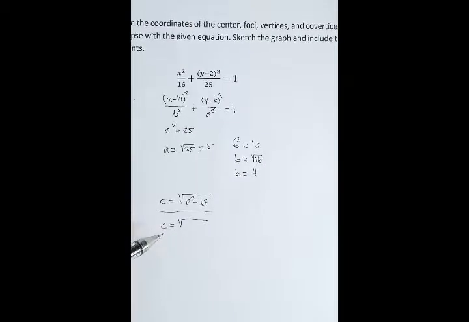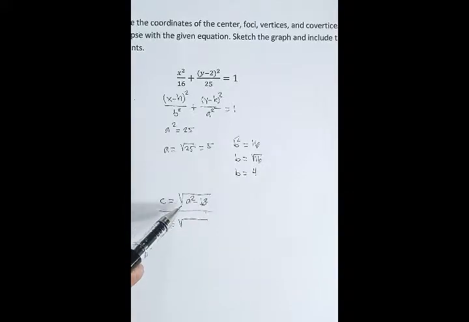This is the standard formula for c. Okay, we'll now solve for c. So c is equal to the square root of a squared minus b squared.